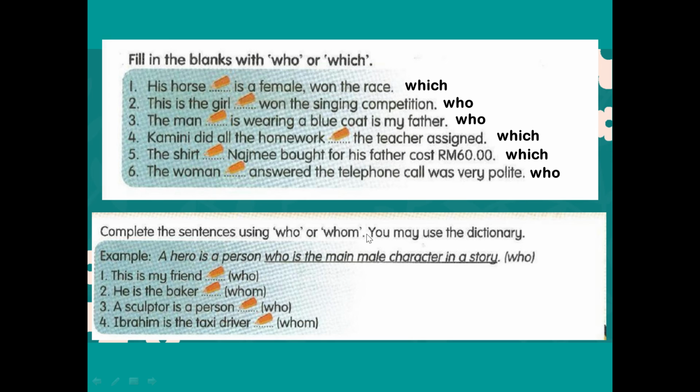Okay, let's see number one. So number one, we will be using who. So is just direct. Okay, this is my friend who lives near my house. So you are telling about your friend here. So you use who. Okay. What about the second one? The second one you have to use whom.